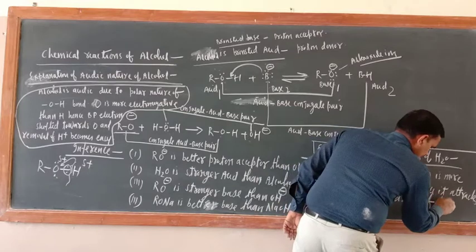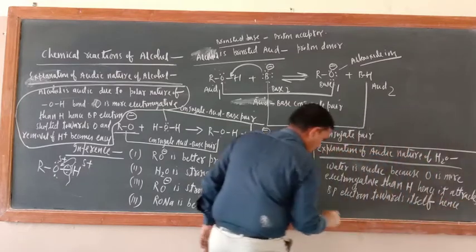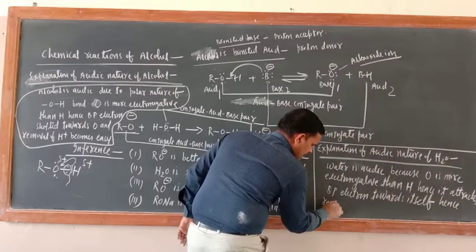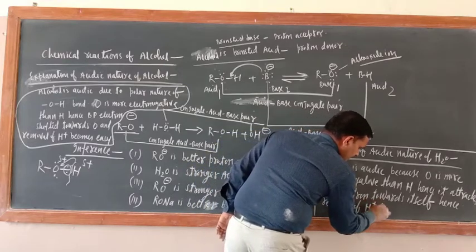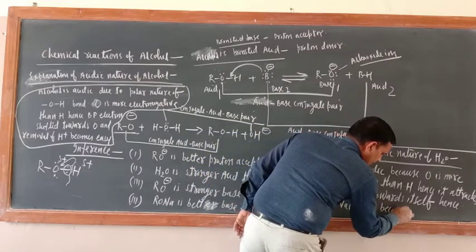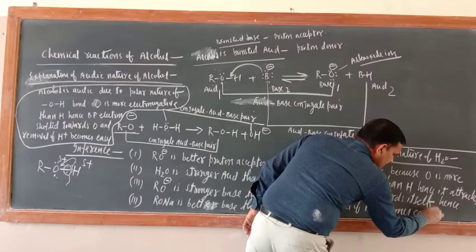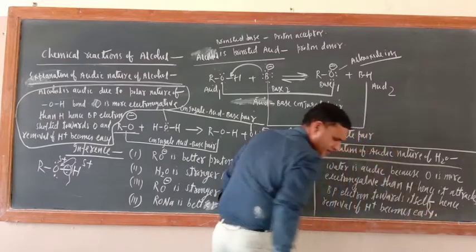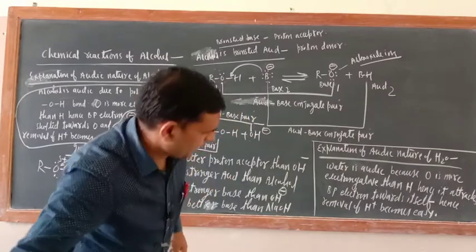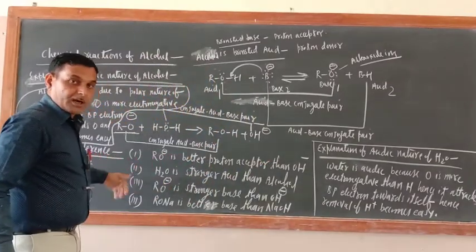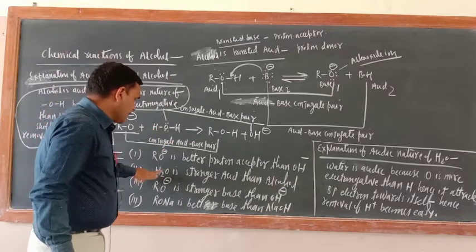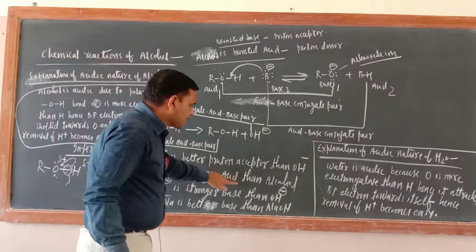Hence removal of H positive becomes easy. So the reason is almost the same, but here the question I wrote: H2O is a stronger acid than alcohol.